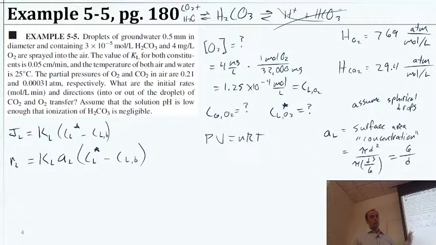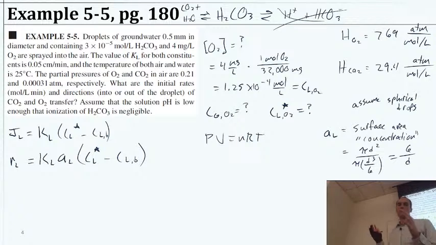And we can convert that into the rate by using the surface area concentration. As a reminder, the surface area concentration is the surface area of a droplet per volume of a droplet. We could scale that up to the volume of whatever reactor we're talking about, but we're not given any of that, so we're just going to keep the flux into a droplet.